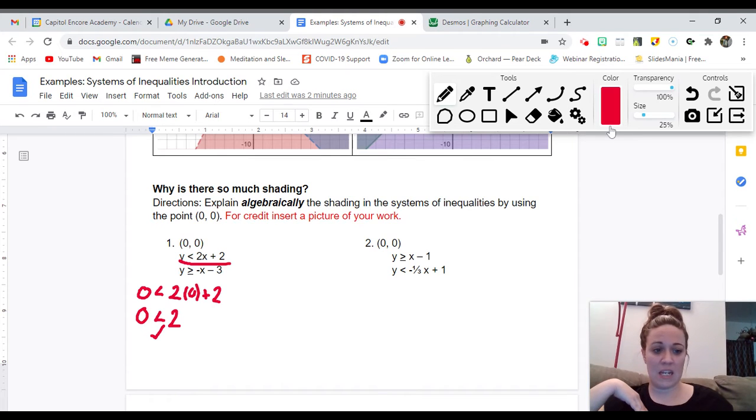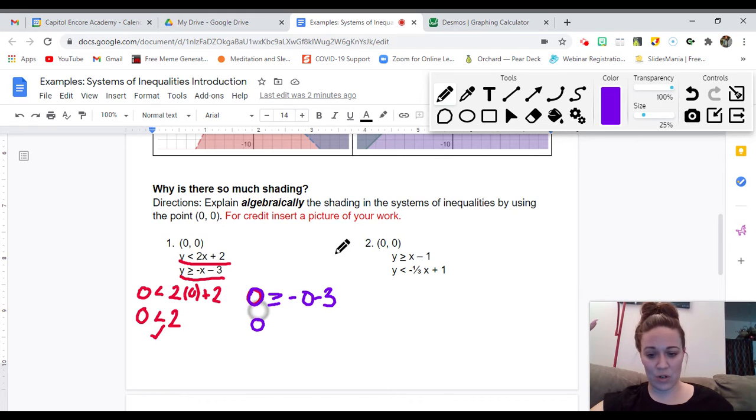Now the second equation, I'm still going to use (0, 0). So is 0, and I didn't switch colors, there we go, is 0 greater than or equal to negative 0 minus 3? Negative times 0 is just 0.